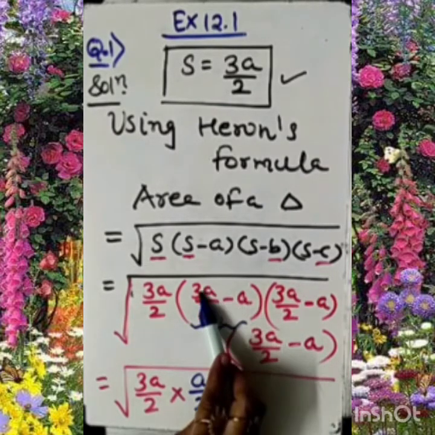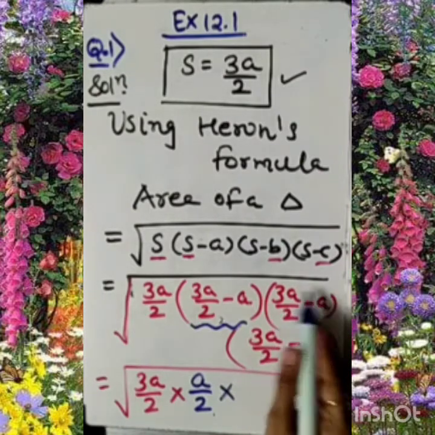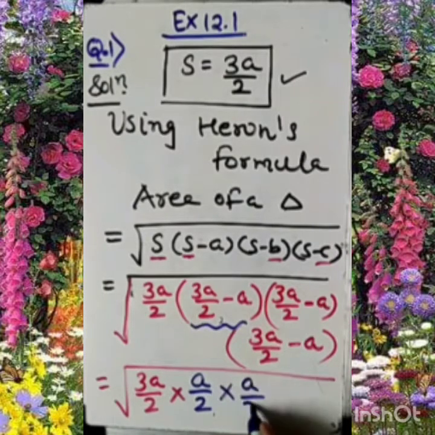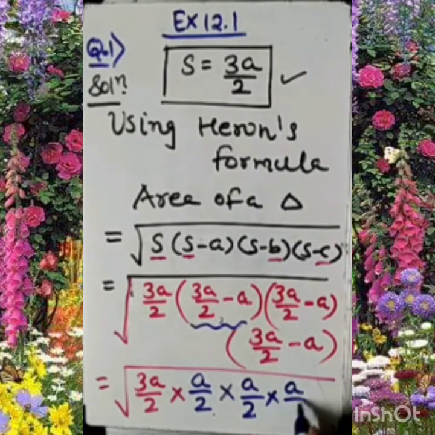And as you know, 3a minus 2a is only a. So the answer is a by 2. The same procedure for the others also. The result will be a by 2. And here also the result will be a by 2. Got it? Up to here it is clear.